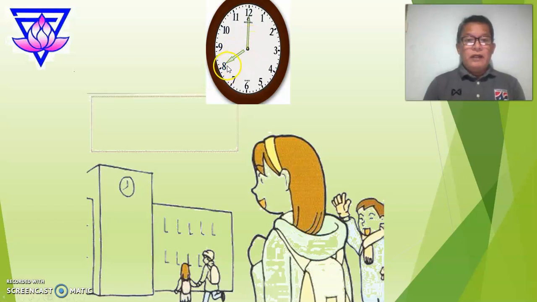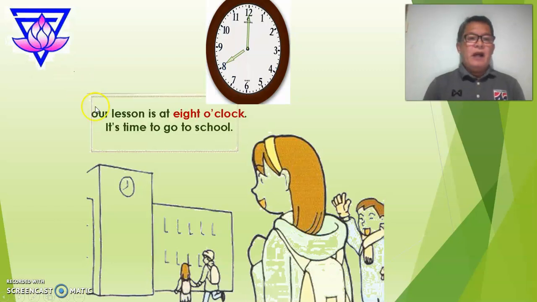The next one. The short hand is on 8 and the long hand is on 12. So what time is it? Very good. Our lesson is at 8 o'clock. It's time to go to school.